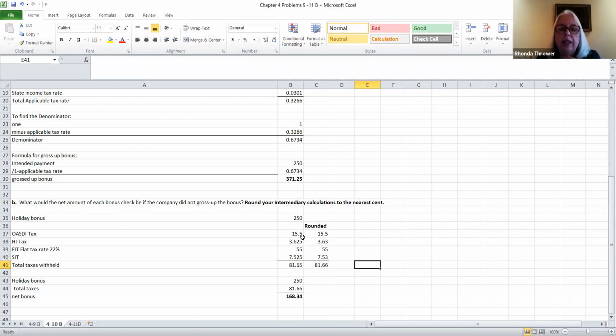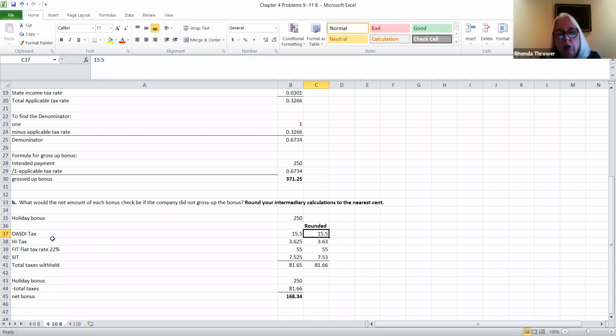So the OASDI tax was 6.2% of $250, which gives you $15.50. Notice I made a column up here for my rounded amounts because there will be a rounding error if you don't calculate the taxes individually. So make sure you calculate each one of the taxes individually and check for rounding.